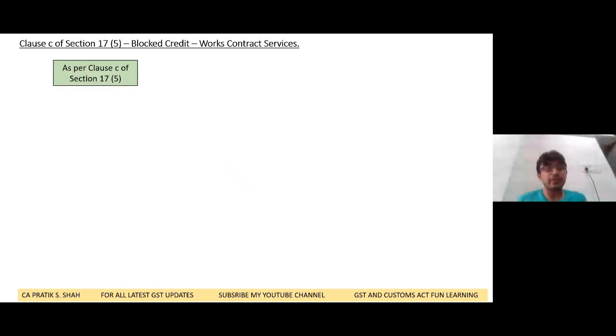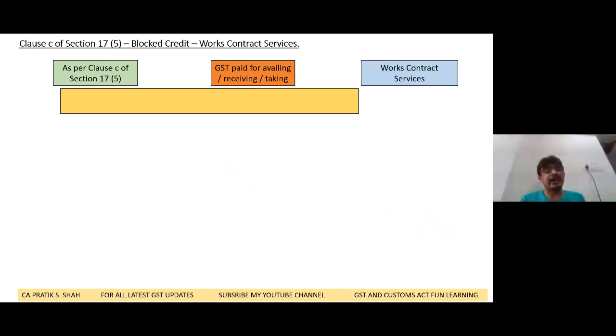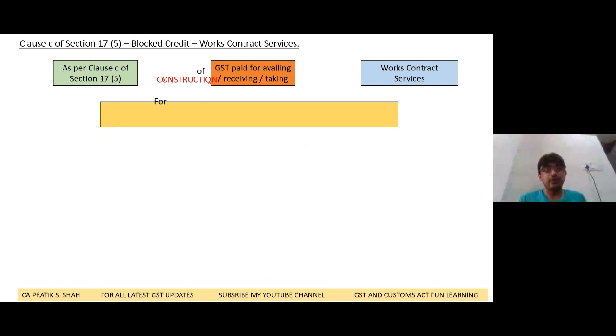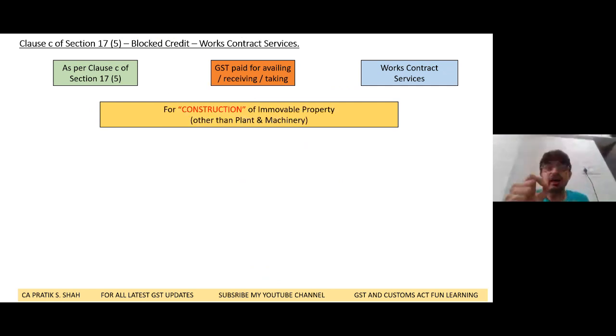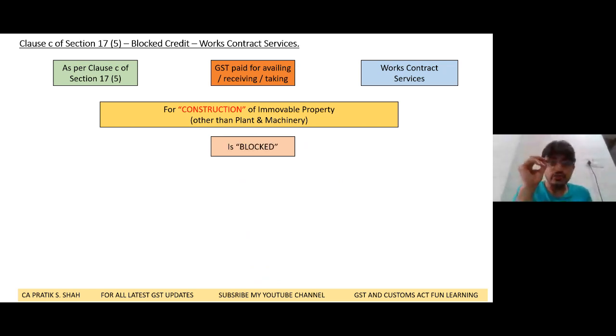Now listen, as per clause C of 17.5, GST paid for receiving works contract services for the construction of immovable property other than plant and machinery is also blocked. So whatever GST you pay for the works contract services, sir, that is also blocked.